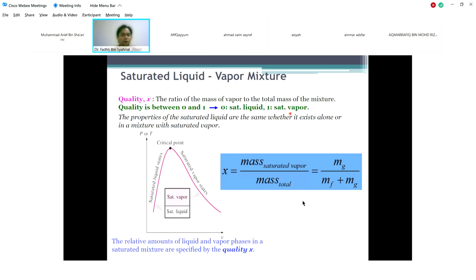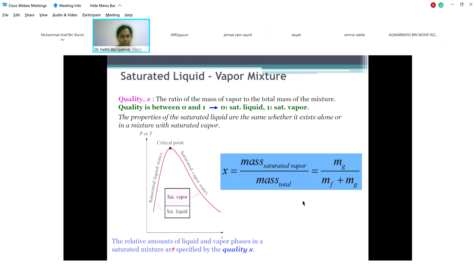The properties of the saturated liquid are the same whether it exists alone or in a mixture with saturated vapor. So here the relative amount of liquid and vapor phases in a saturated mixture are specified by the quality X. This is another definition of quality X, the way the meaning is elaborated.